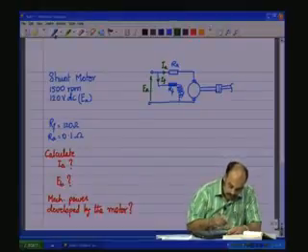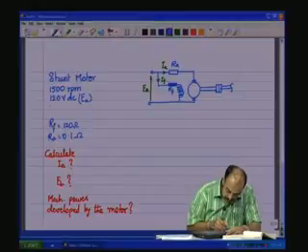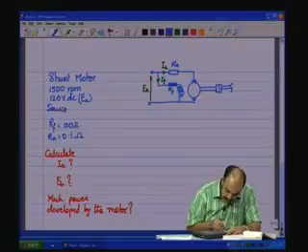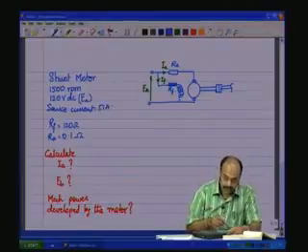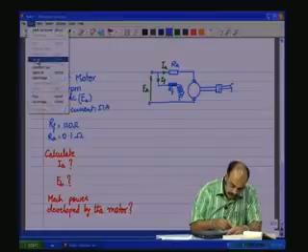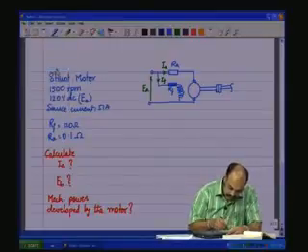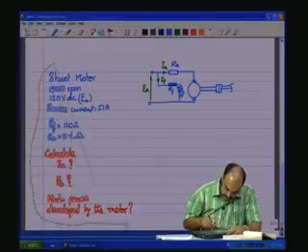Instead of saying IA is 51 amps, let me take it as the source current being 51 amps.